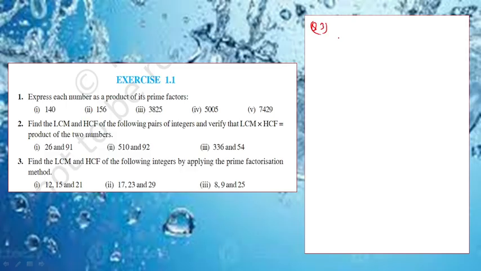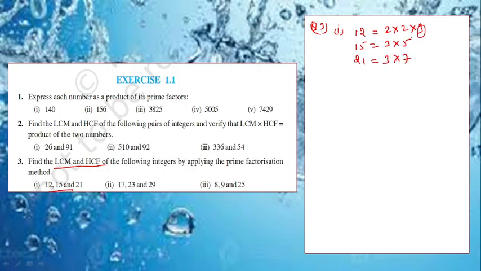Now question number 3, again we need to find LCM and HCF. Here 3 numbers are there, the process is same, there is no difference. Earlier 2 numbers were there, here 3 numbers will be there. So 12 we can write as 2 into 2 into 3, 15 as 3 into 5, and 21 as 3 into 7.